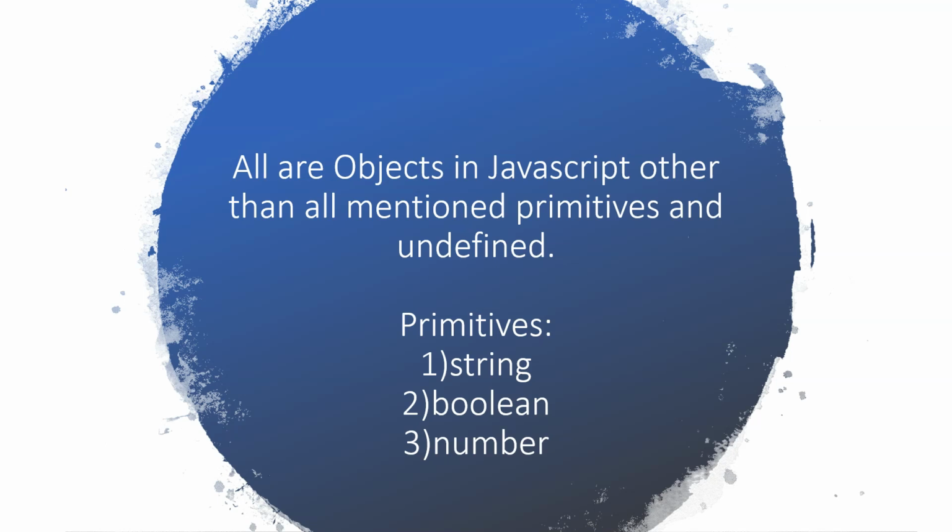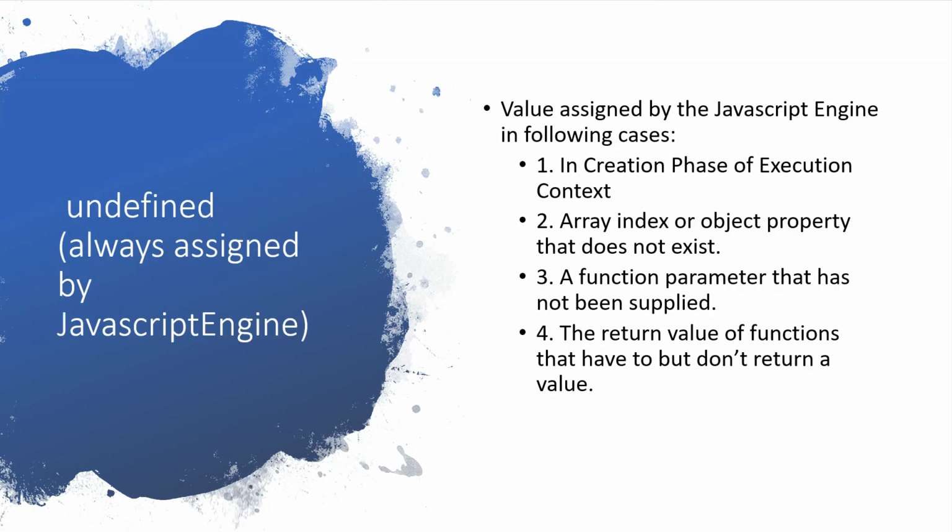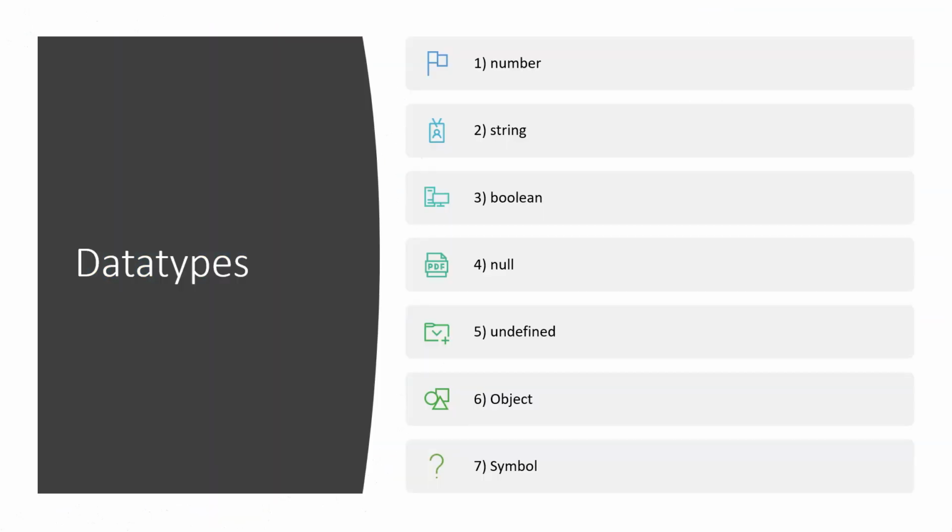What we understood from this session, the important takeaway, is that these are the six data types we have seen. The seventh data type is symbol. It was introduced in ES6. It is more related to metadata.